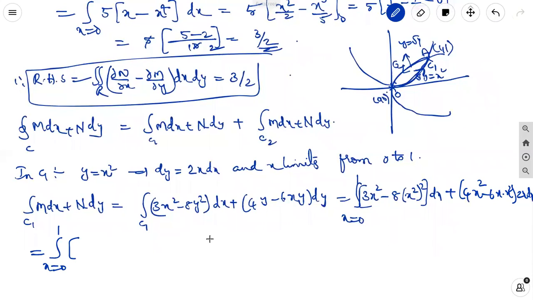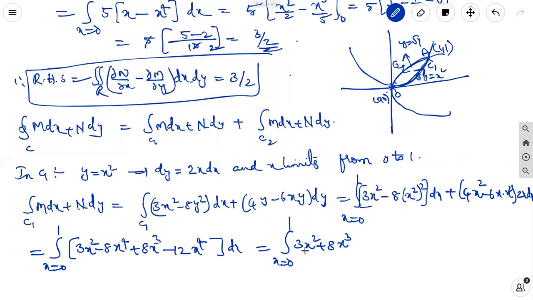Taking dx common in all terms, 3x square minus 8x to the power of 4, plus 2x outside the 4: 4 twos are 8, x square into x cube, plus 8x cube minus 6 into 2 is 12, x cube into x to the power of 4. It is equal to the integral x equal to 0 to 1 of 3x square plus 8x cube minus 20x to the power of 4, whole dx.